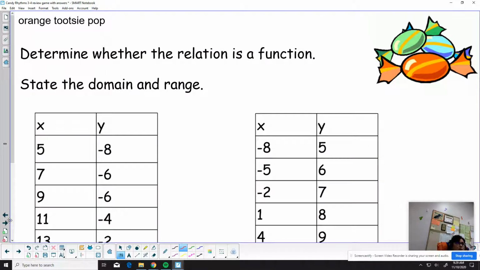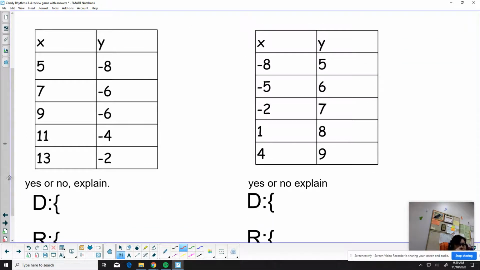Okay, determine whether the relation is a function and state the domain and the range. So the domain, remember, is the x, and the range is the y, and it's a function if all the x's are different. So I look at these x's, and they're all different. And I look at these x's, and they look all different too. So they're both functions.